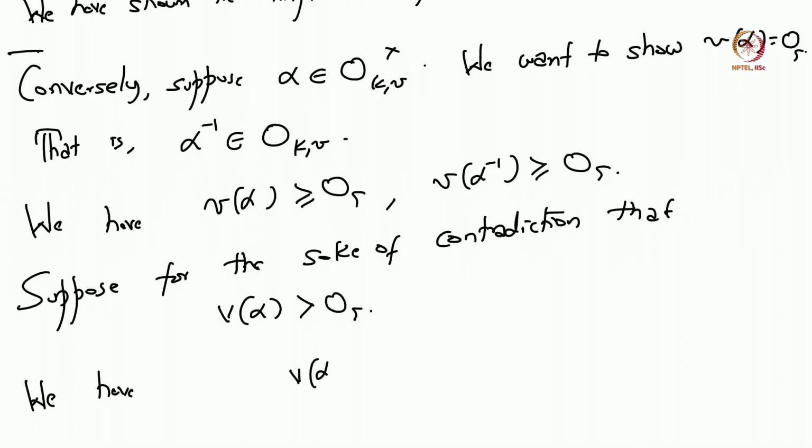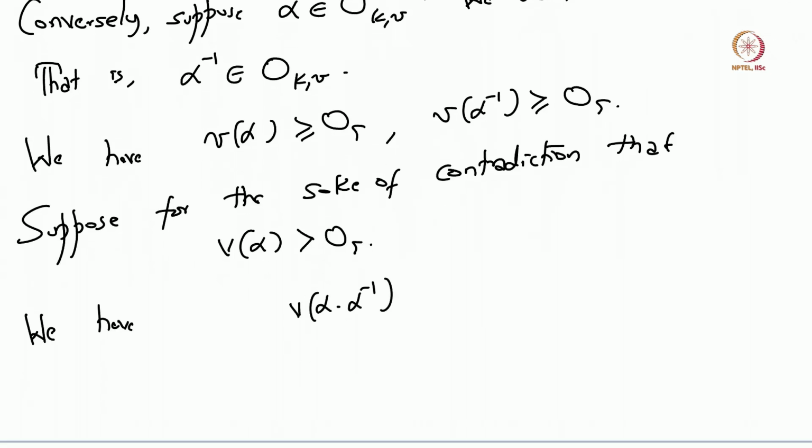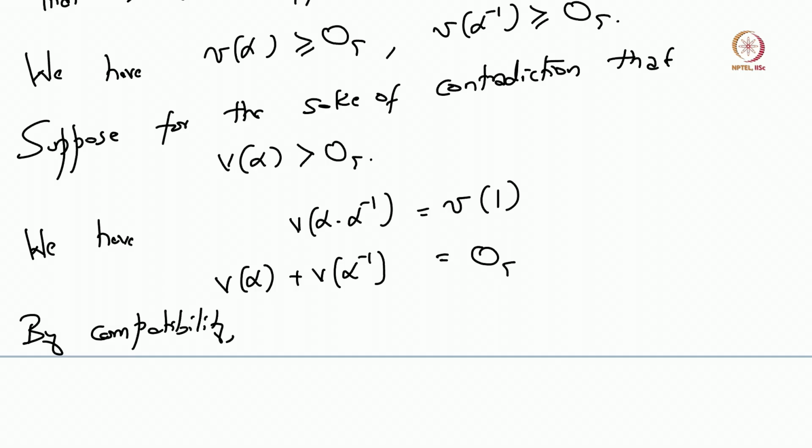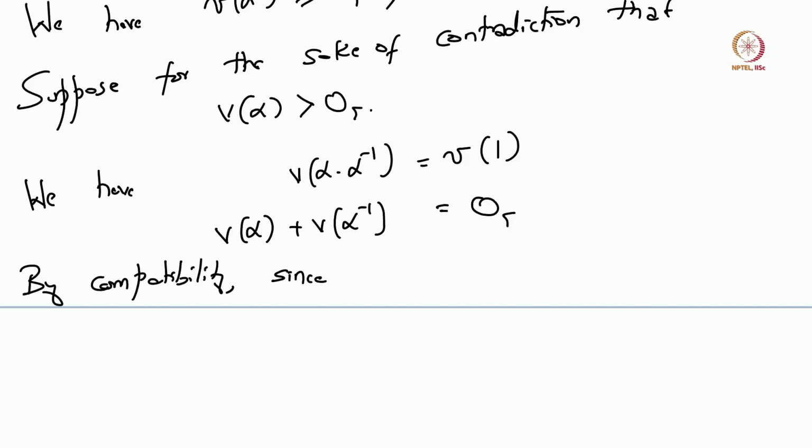the valuation of alpha times alpha inverse, well, alpha times alpha inverse equals 1, and we've seen that its valuation is the identity element of gamma, and we've also seen that the valuation of a product is the sum of the valuations. And now again, by using compatibility, what do we have?